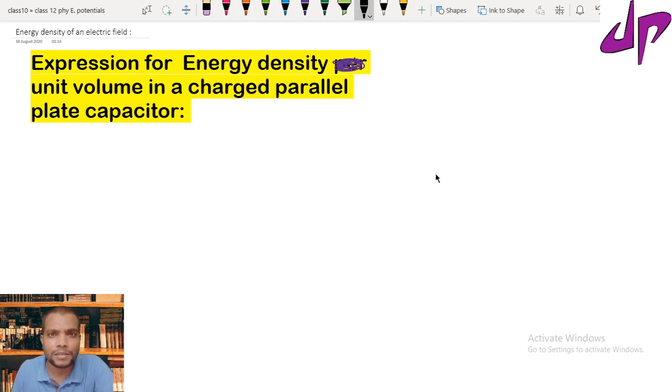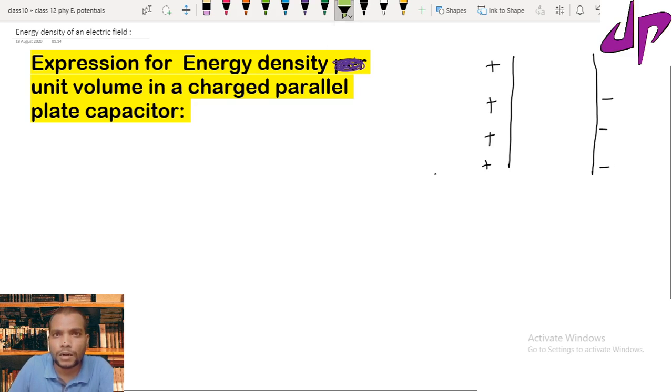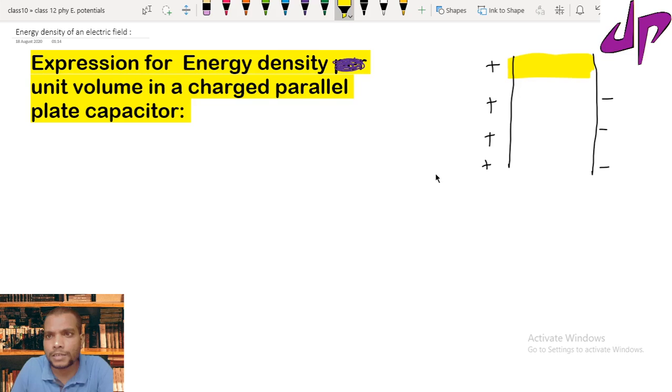all about capacitors. Suppose you take a parallel plate capacitor, one plate having positive charge and one having negative charge, and they are separated by a distance d. This is the separation distance.